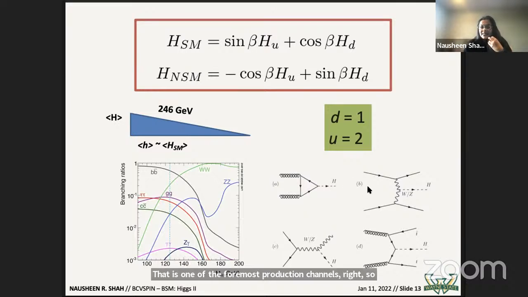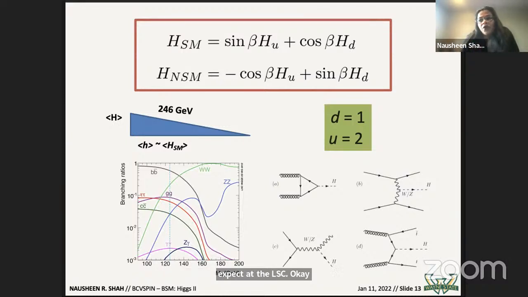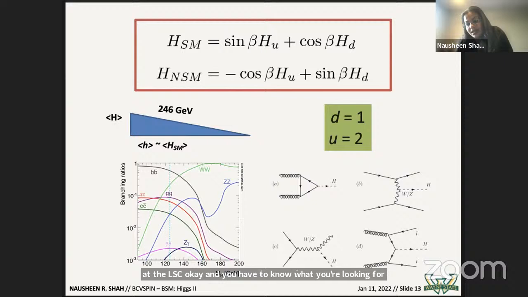And then there are the other ones as well. But regardless, the point is that these fermion couplings will define the phenomenology that you would expect at the LHC, okay? And you have to know what you're looking for to be able to go looking for it at colliders, etc.